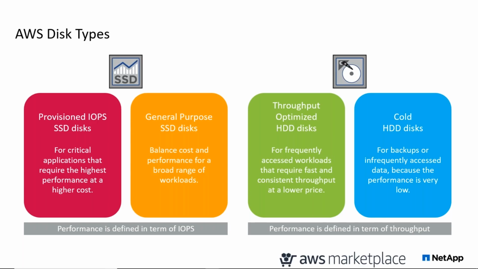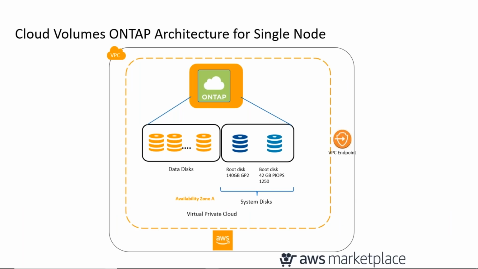And it's very important to go and architect that around your disks as well as your EC2 instance when you deploy this. So then we take those disks and then we attach those disks to a virtual machine inside your VPC, or virtual private cloud, and that VPC is inside an availability zone inside the region. So it gives you a good understanding of that.